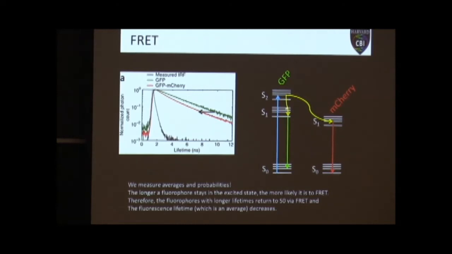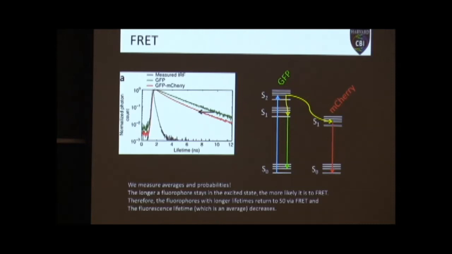And what actually happens is the longer that molecule spends in this excited state, the greater the probability is that it's going to take this pathway out. Okay? This is the pathway of least resistance, so that's why it's more likely to go that way. But the longer it stays up here, there's a possibility of it heading over to mCherry.